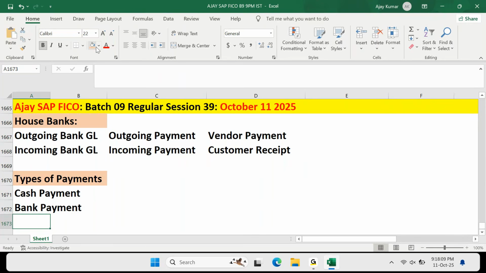That's it. When you're talking about bank, it is the transaction between two bank accounts. Something we call digital cash, right? Maybe through account transfer or through check or through a DD, whatever it is. If you are holding the physical cash, then it is a cash payment. If you are holding digital cash, then it is a bank payment.